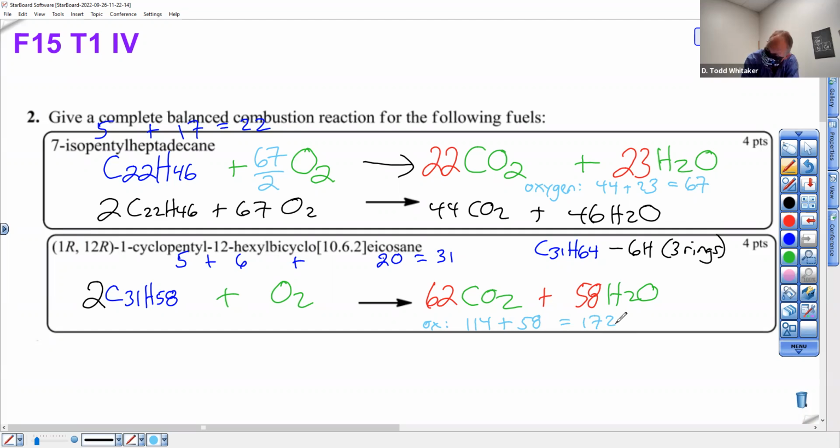Be very careful. If you put 172 here, you got 344 oxygens on the left and only 172 on the right. I think you're combining things. We have 172 oxygens here, and whatever number I put in front when multiplied by 2 has to equal this number.